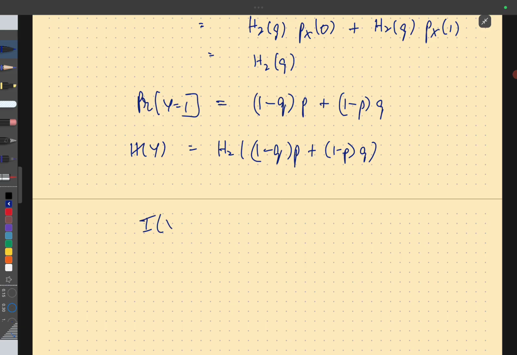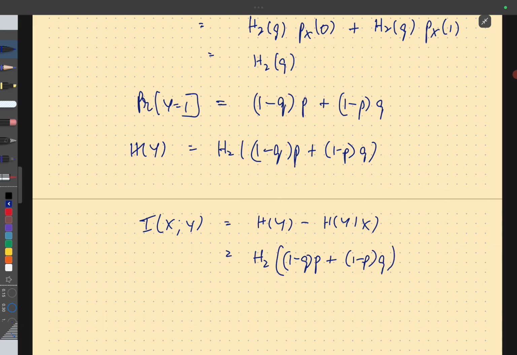So the mutual information between x and y is equal to the entropy of y minus the entropy of y given x, which is the binary entropy of (1 minus q) times p plus (1 minus p) times q, minus the binary entropy of q.